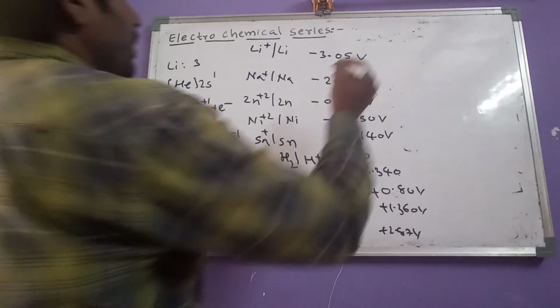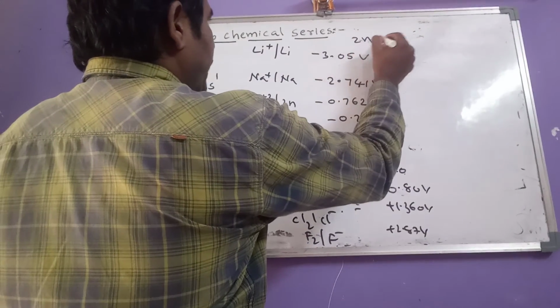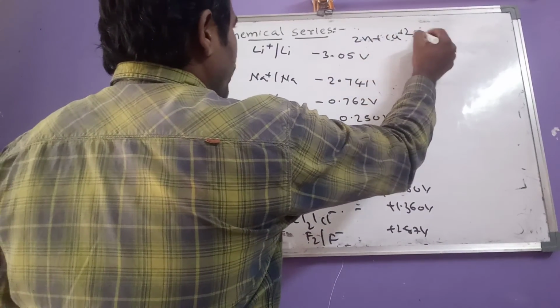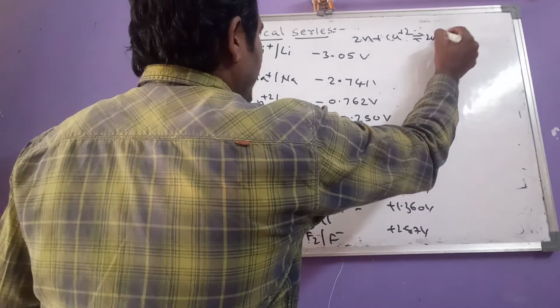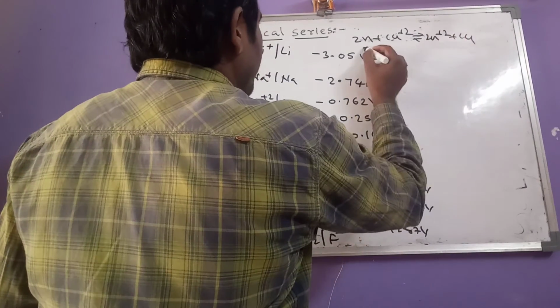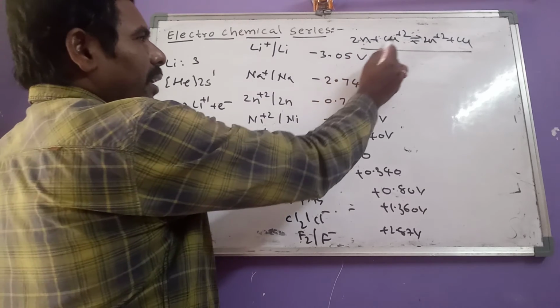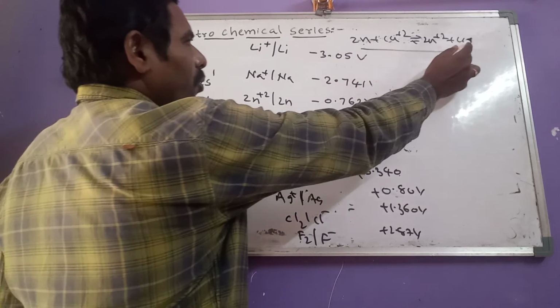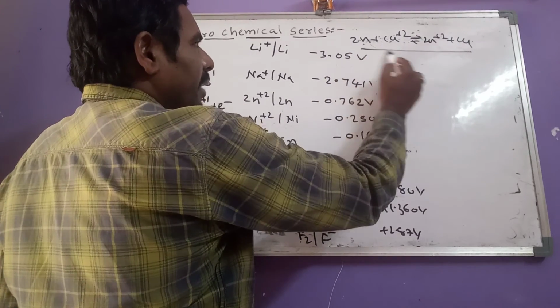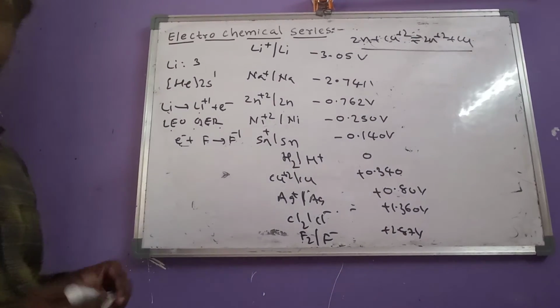What is the equation? Zinc plus copper plus 2 gives Zn plus 2 plus copper. This reaction indicates that zinc reduces copper plus 2 to copper, and itself zinc is undergoing oxidation.